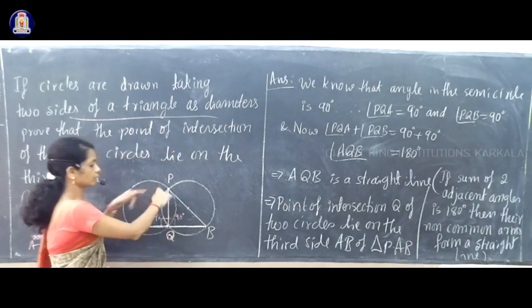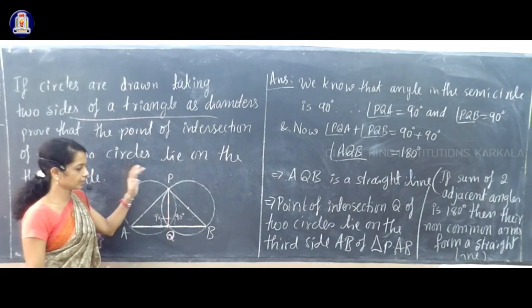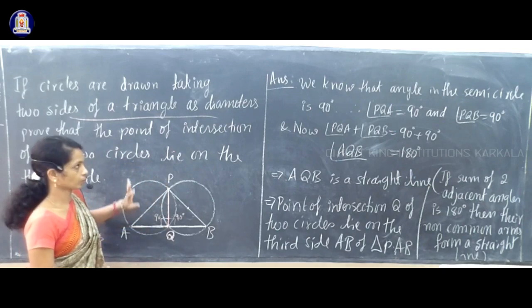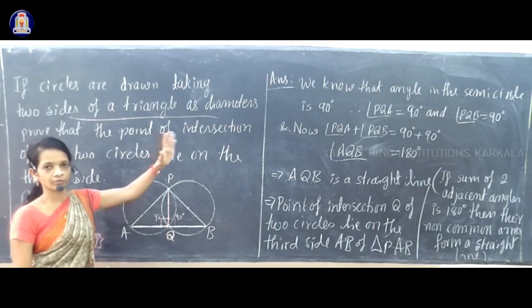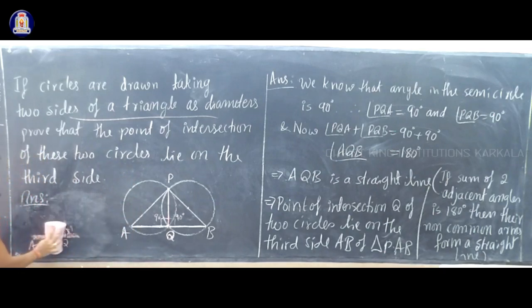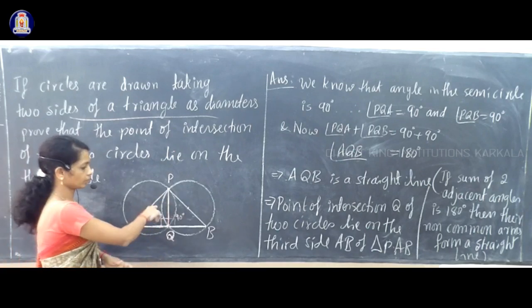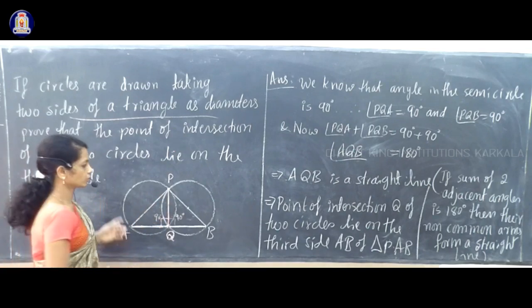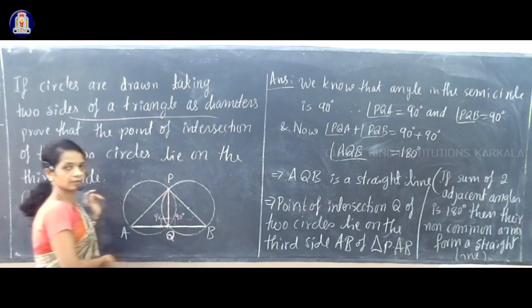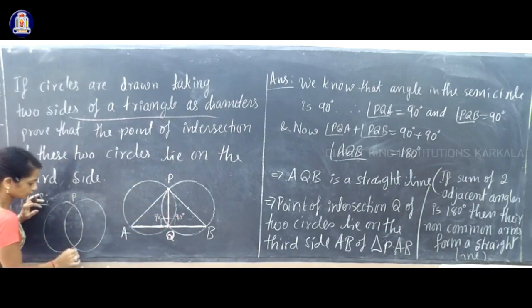Two sides of that triangle are the diameters of these two circles which are intersecting at P and Q. And about the figure, I have not given any steps. What you have to do is keep in mind that if you want, you can write that in pencil. If you want a description of the figure, first you have to draw two circles such that they are intersecting at two points P and Q. Okay.